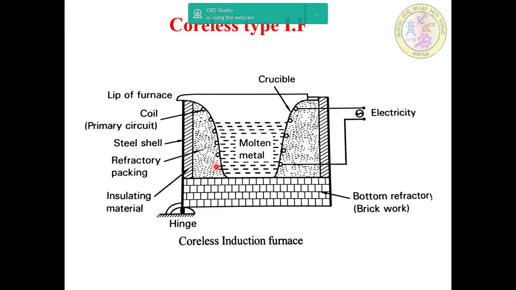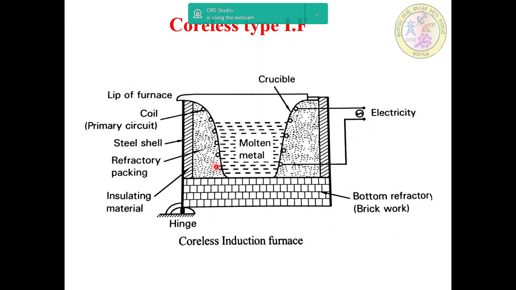Due to this, an EMF is induced in the former and it gets heated up. The former becomes red hot, and this starts heating the ramming mass and sinters it. Slowly, layer by layer, the refractory mass gets sintered. The current is slowly increased and heating is continued for several hours.